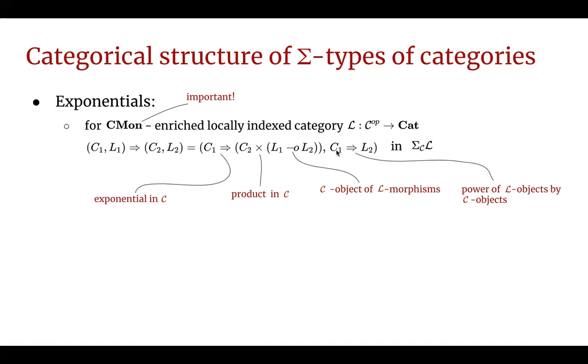So how do you interpret this exponential? Basically, the idea is we think of C1 and C2 as the spaces where the primal values of our functions live, right? And L1 and L2 are going to be the spaces of tangent vectors. So what we're saying is the space of primal values at a function type is going to be a function from primal values at C1 to primal values at C2, together with a linear function that goes from L1 to L2 for each C1.